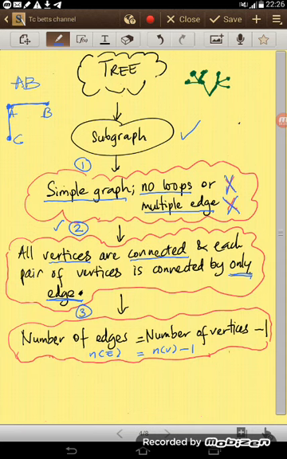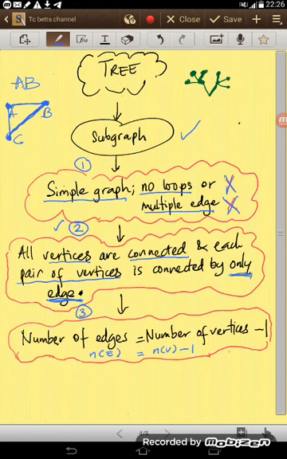Why? Because no loops, no multiple edges, and all vertices are connected. You can see here 3 vertices, all connected. But what happens if you put another edge here, you connect here? This will break rule number 2, that a pair of vertices is connected by only one edge.